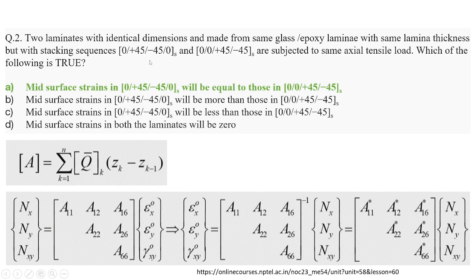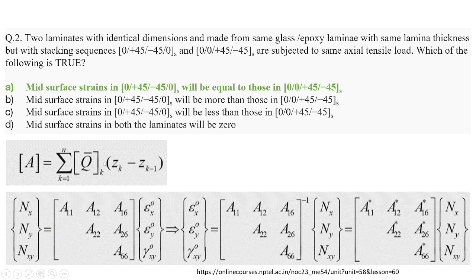So when the reduced stiffness matrix and the thickness are multiplied and then added to find the A matrix, it will be equal for both of them. We will get the same A matrix for both of these sequences because the angles and the angles in symmetry are the same.